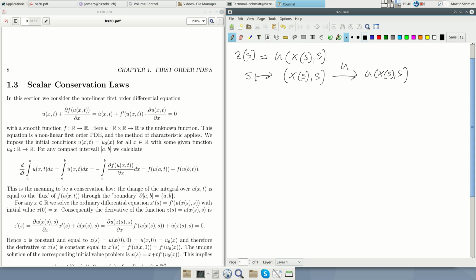The chain rule means if we calculate the derivative, then the Jacobian of the first is just the function x prime of s and 1, and the Jacobian of this function here is, sorry, not the gradient of u, but the derivative with respect to x, du/dx, and the derivative with respect to s.